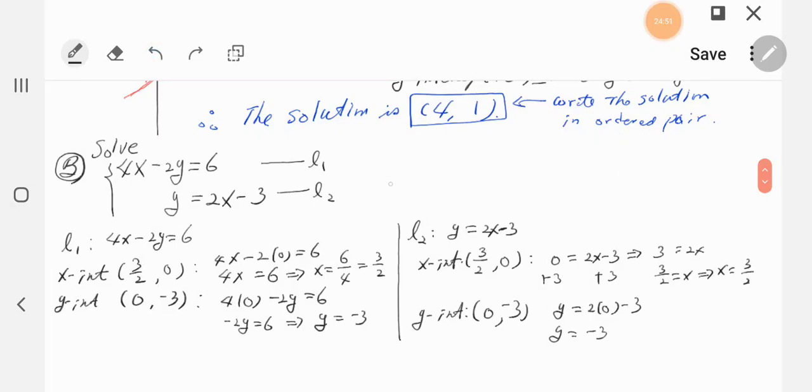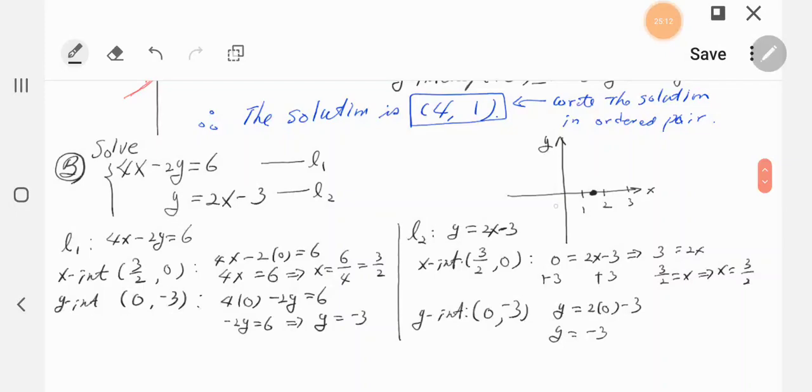Okay, let me draw here. Here's the x-axis. Here is the y-axis. For the first equation, the x-intercept is 3 halves. Let's say this is 1, 2, 3. 3 halves is 1.5.